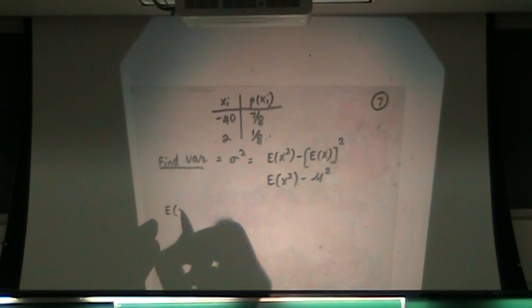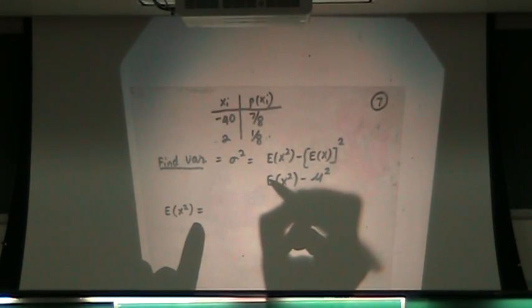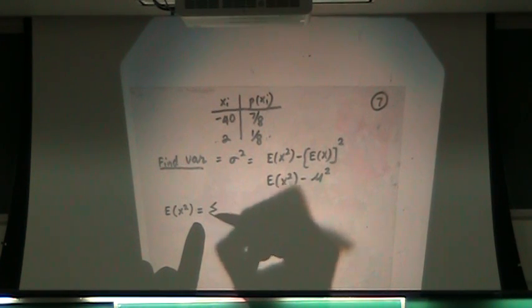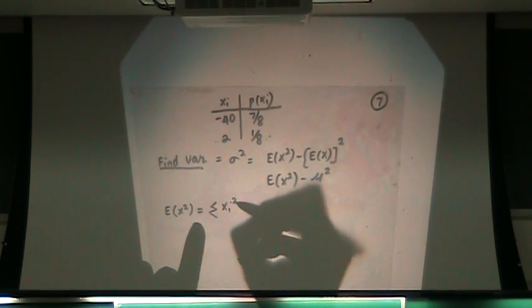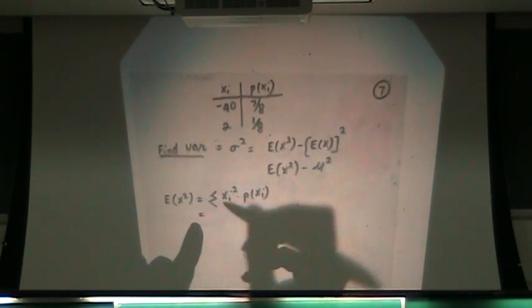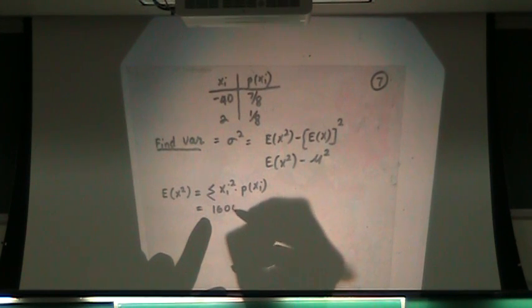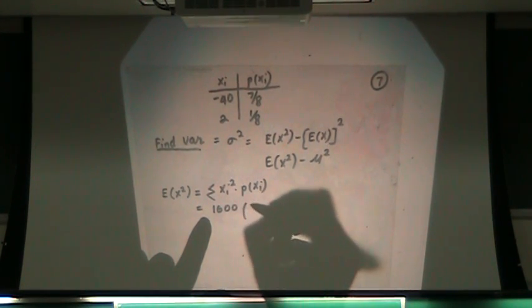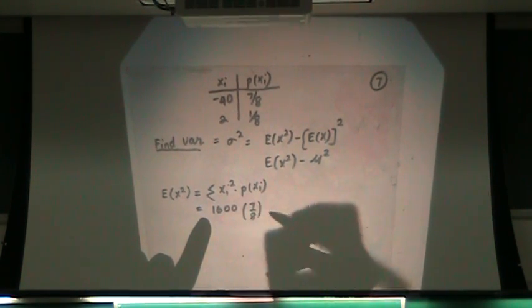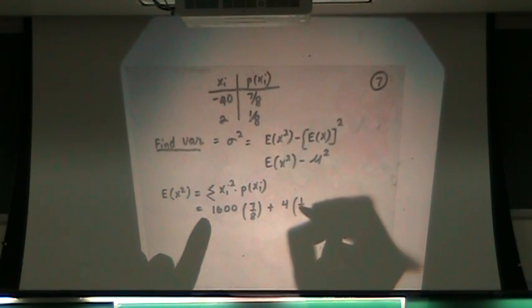E of x squared equals, I'm dealing with this term, summation xi squared p of xi, which is minus 40 squared is 1600 times 7/8 plus 4 times 1/8.